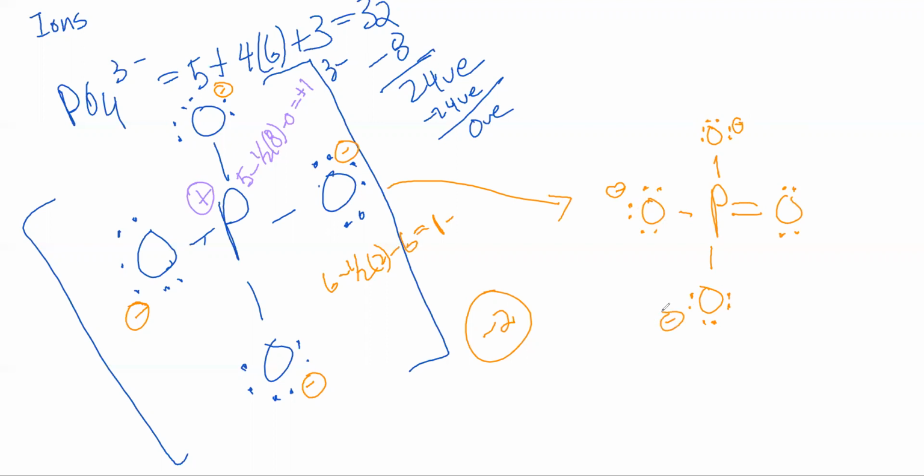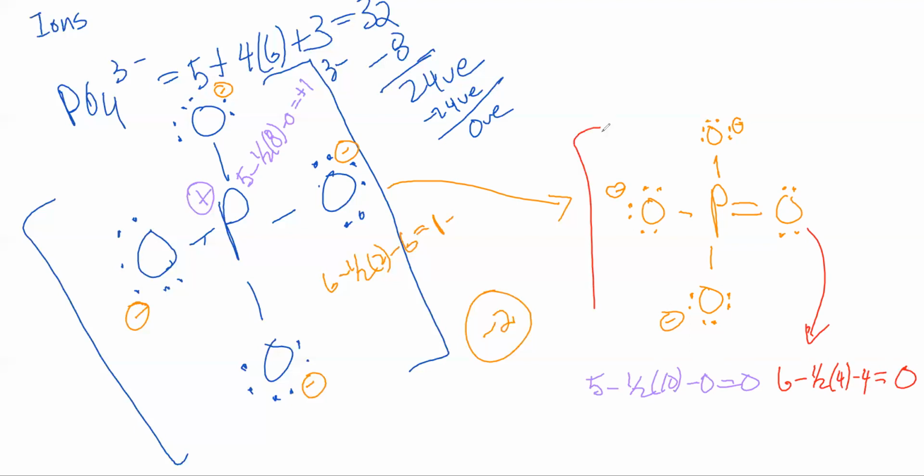But my phosphorus in that center no longer does. 5 valence electrons minus 1/2 of 10 valence electrons minus no bonding is 0. This double bonded oxygen doesn't have a formal charge either, so we don't have to put those. But all of this still is an ion, so we still need to have the 3- on it. And so this is a better structure than the one that we first started out with because it has fewer formal charges.